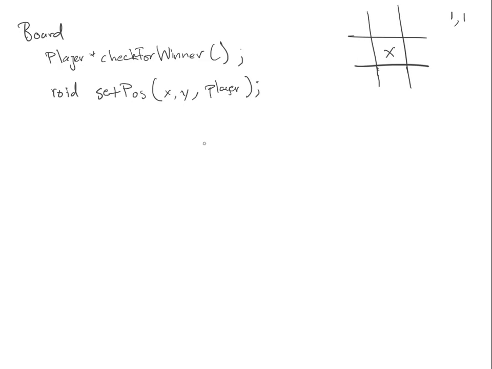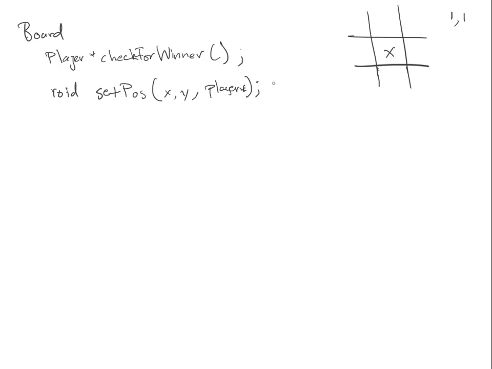So there we go. I'm obviously not really specifying types here. I'm just kind of loosely defining what our function APIs are going to look like. So we got set position. So if player, maybe this is a player pointer or something. So if we want to clear the board, we can either pass in null here and it erases that position.